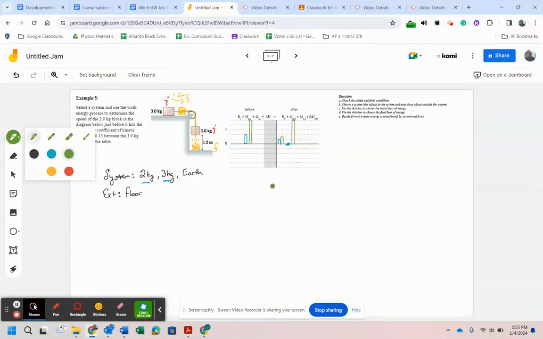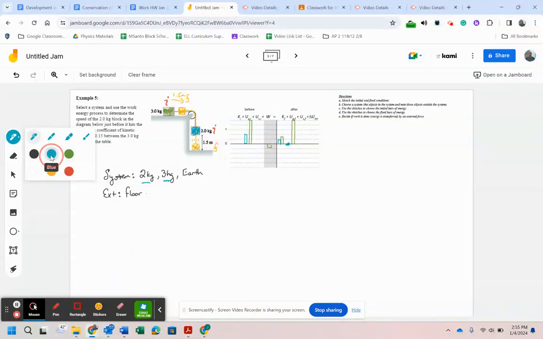Or if you include the floor in your system, you would have a change in internal energy on the 3 kilogram object. So notice here in green, all the bars in green represent the energies essentially associated with that, and the bars in blue represent the energies associated with the 2 kilogram object.